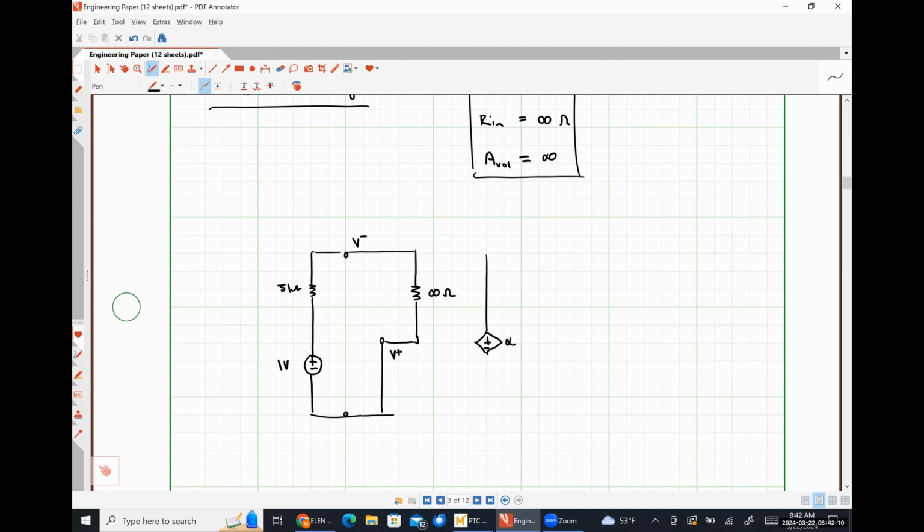Over here, we have our infinite voltage gain multiplied by our differential voltage VD, where this is our differential voltage VD.